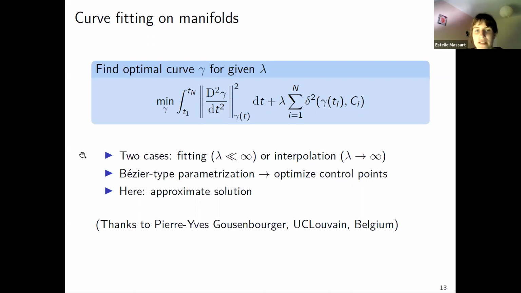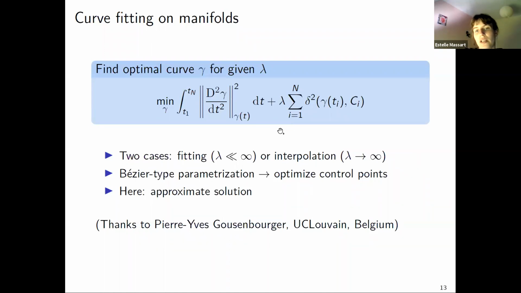The way this code works, at least the one that I have used, is that we try to find a curve gamma among a set of admissible curves that minimizes this criterion. The first term here is a regularizer, and the second one is a data attachment term. Essentially, the first term will give us a curve that is not very peaky, but regular.